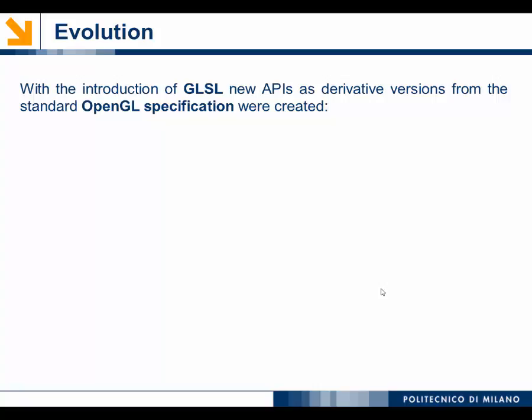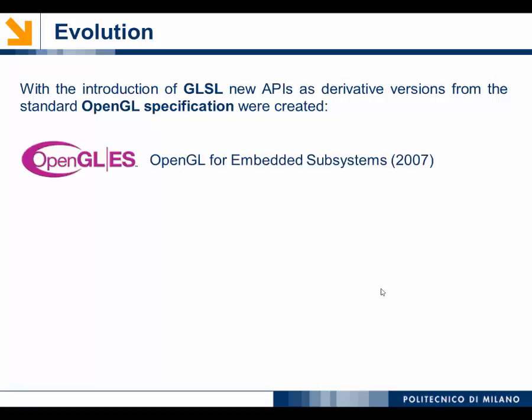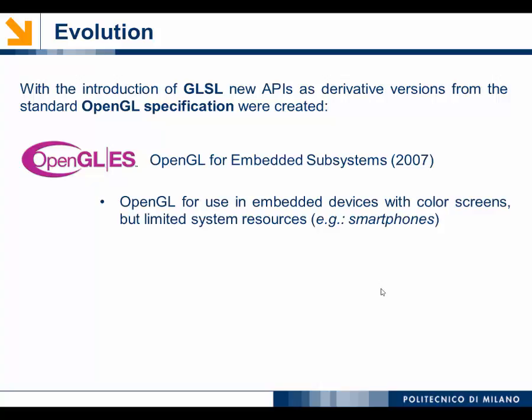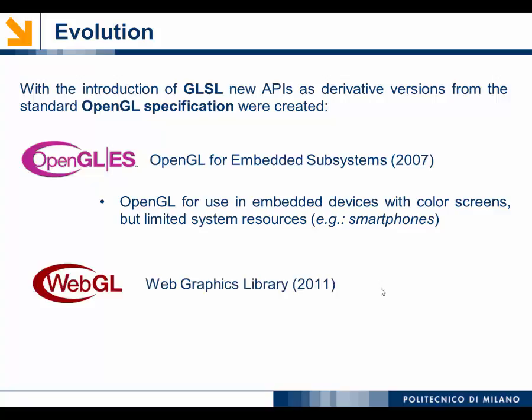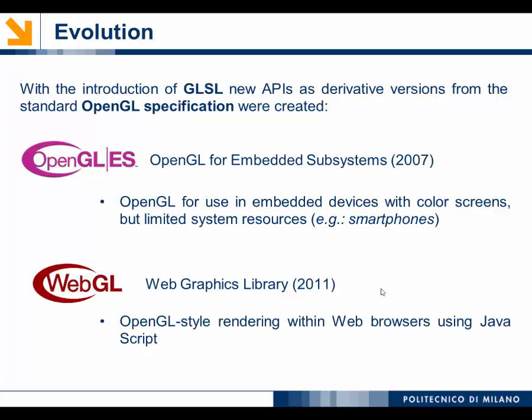Two of the most important were OpenGL ES, which stands for Embedded Subsystem, in 2007, a version of OpenGL to be used only with embedded devices, which are by default supposed to have fewer resources available to them, and WebGL in 2011.